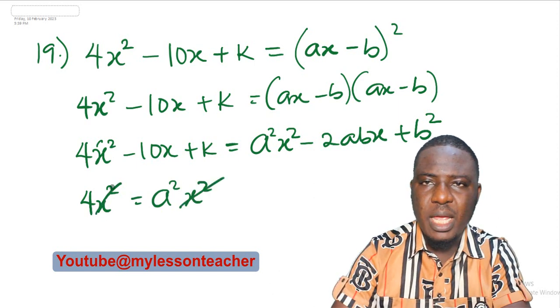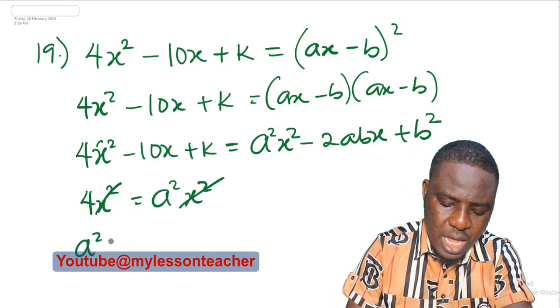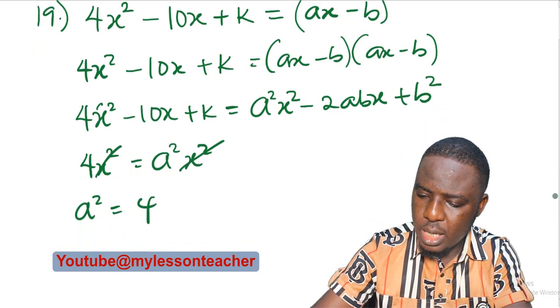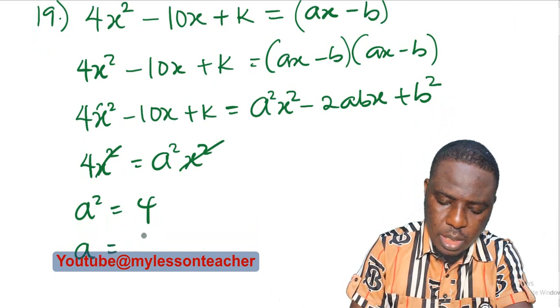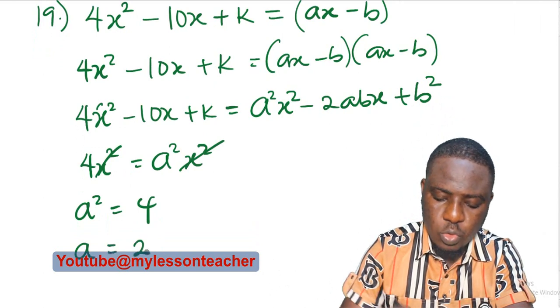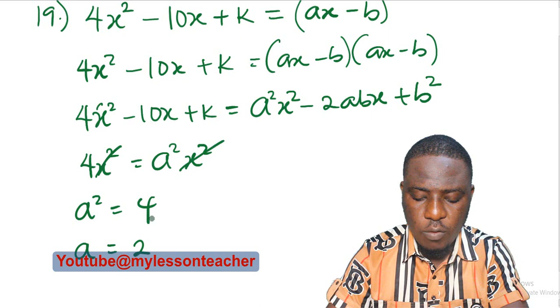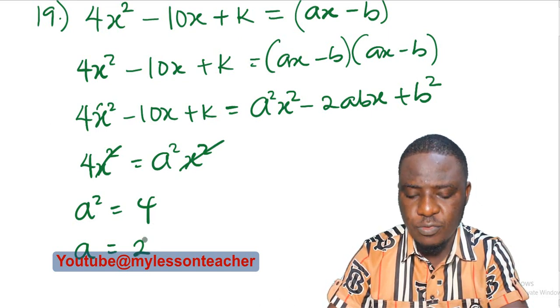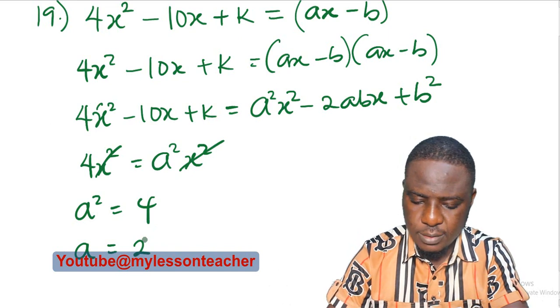Dividing both sides by x squared, you have it that a squared is equal to 4 and a is equal to 2, because the square root of 4 is plus or minus 2. So I'm going to take the absolute value of that.